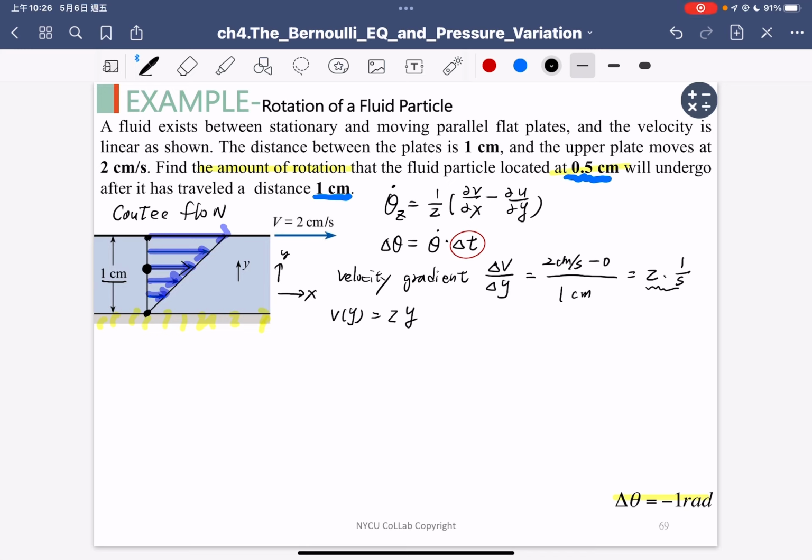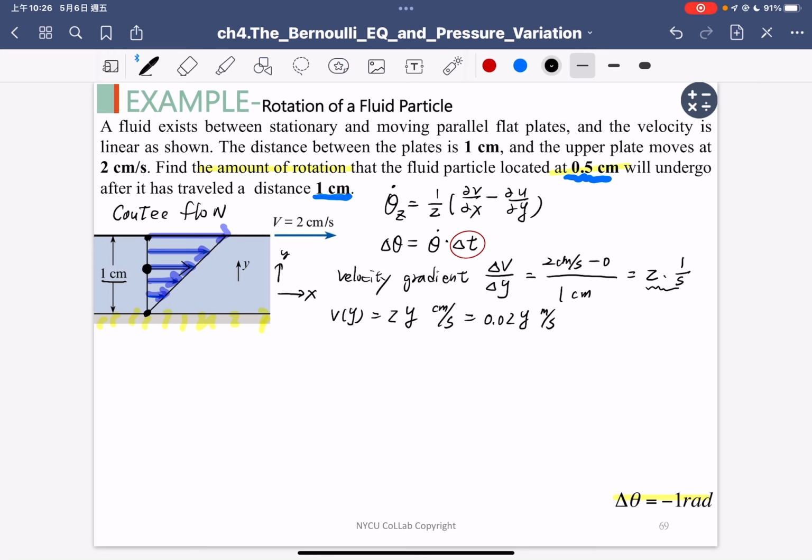And this is a linear velocity. Right now the unit is centimeter per second, and we change it to meter per second. So 0.02 y, in meters per second.